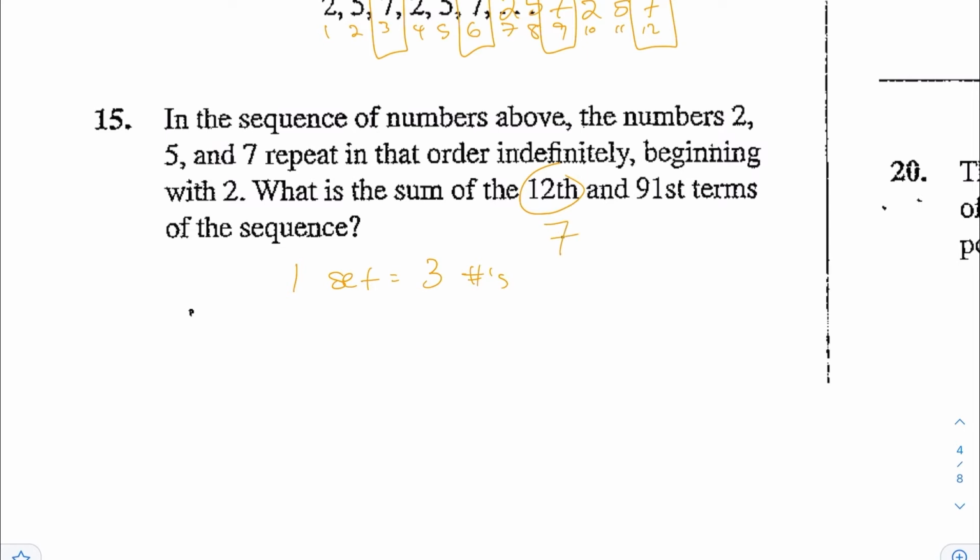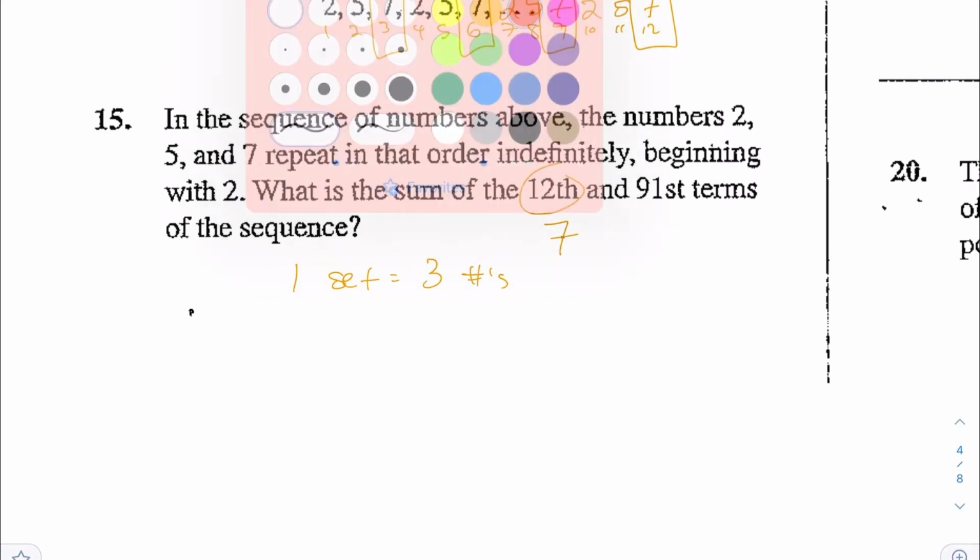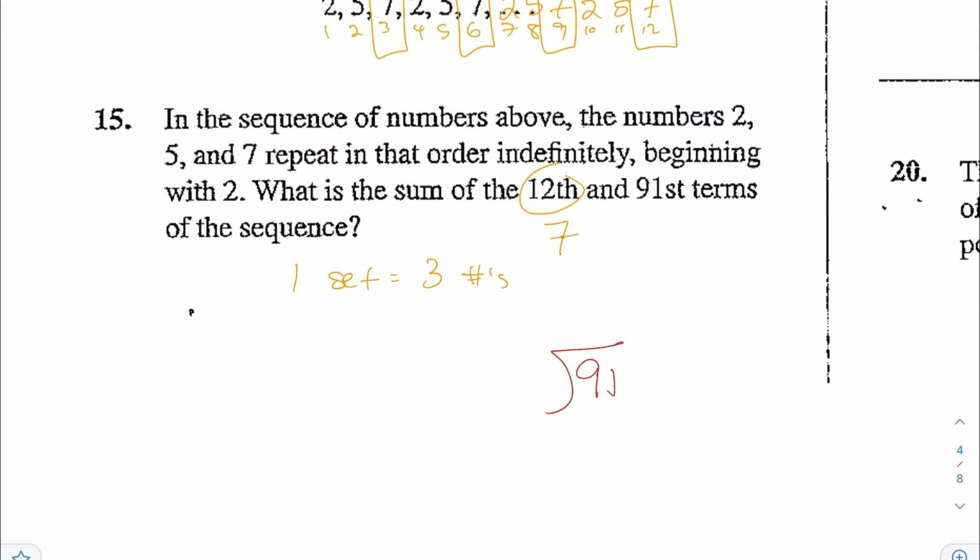To get to the 91st number, you don't want to write the set out 91 times. You will do 91 divided by 3, and you have a remainder of 1. We don't actually care about the 30. The 30 just means you have 30 full sets when you get to the 91st term.